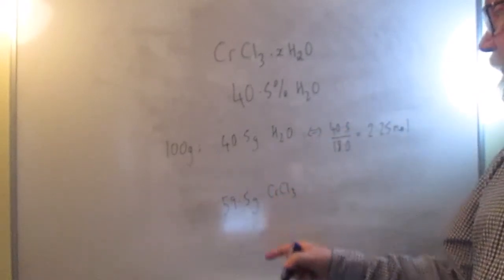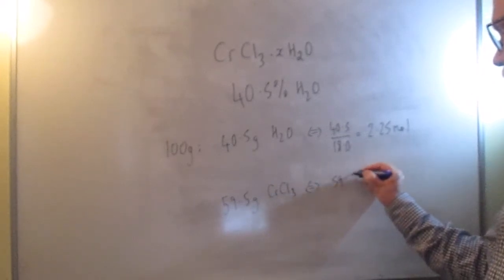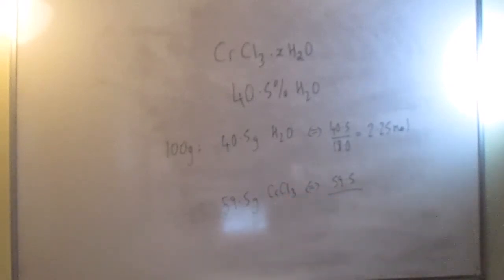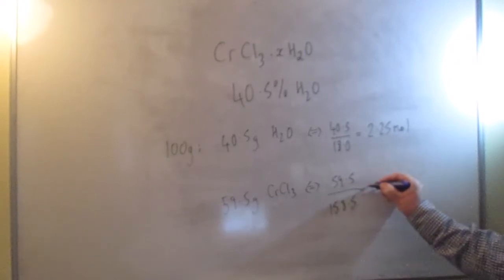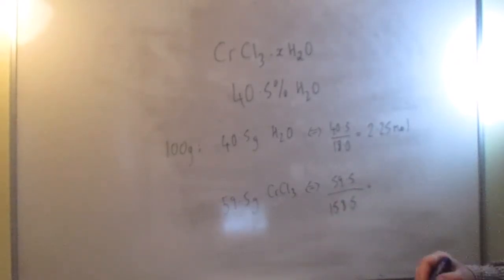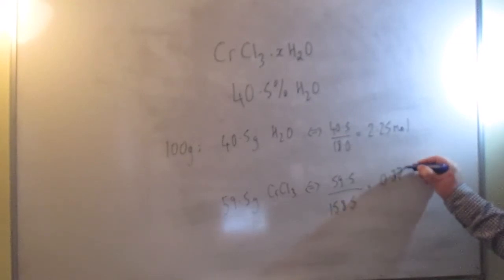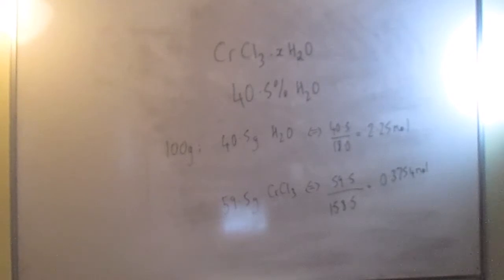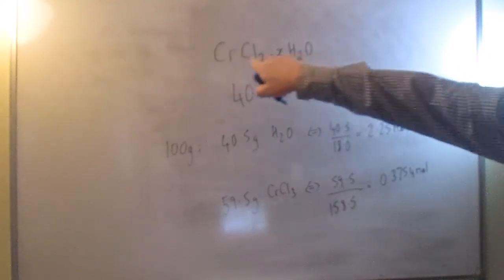And for this one we've got 59.5. If we add up the Mr of that, we've got 52 for the chromium, 3 lots of 35.5 adds up to 158.5. And if we do that division, that comes to 0.3754 moles. And then we just need to find the ratio of those two numbers, because remember that's what X is. It's saying how many waters are there for each chromium chloride.